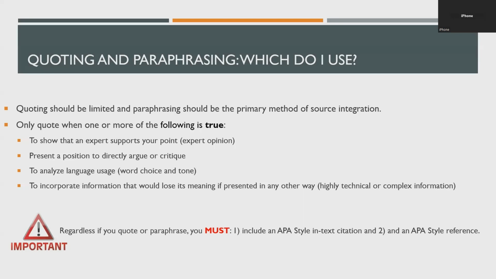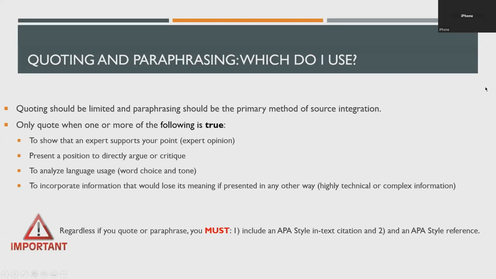On the flip side, if the author's specific word choice doesn't really matter, you're not incorporating the information to disagree with the author, like you agree with what they say, or you're just providing general information from an author, you probably don't need to quote from them.